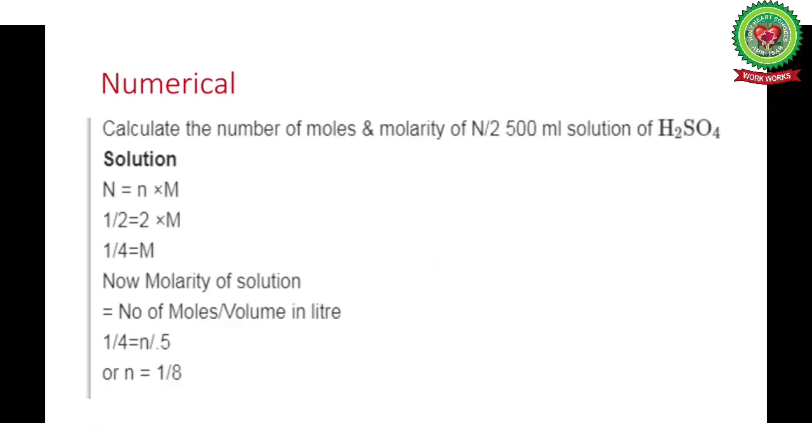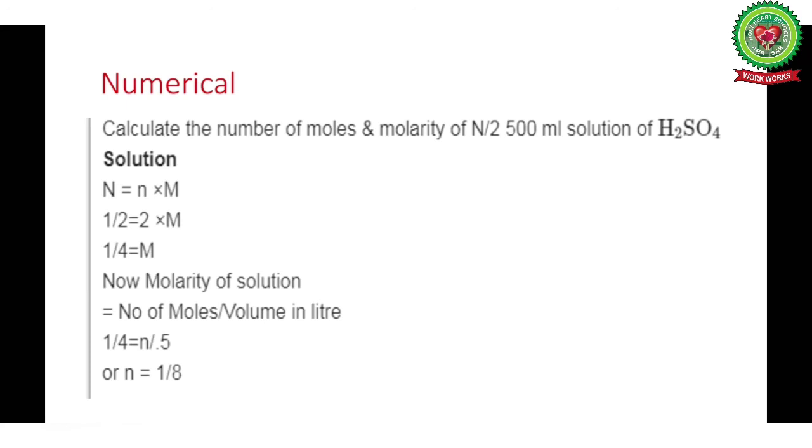Next is calculate the number of moles and molarity of N by 2, 500 ml solution of H2SO4 acid. See here, you have to calculate moles and molarity, and you are provided with normality.